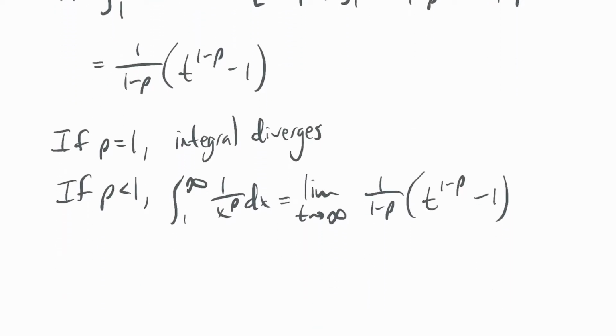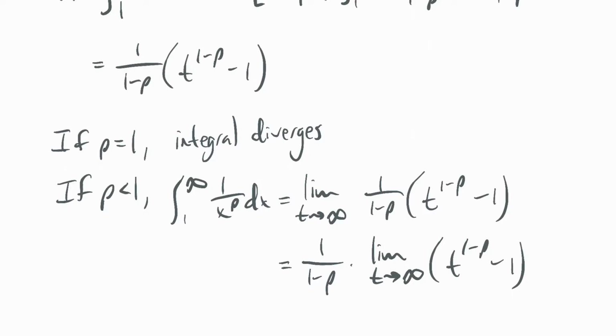So what is that limit? Well, we can put the 1 over 1 minus p out in front, because p is a parameter, the limit does not see it as a variable. So the limit as t goes to infinity of t to the 1 minus p power minus 1. Now, if p is less than 1, p is small, that means this exponent is greater than 0.